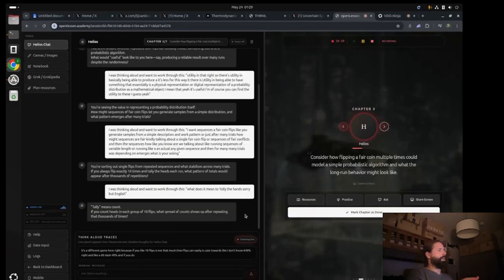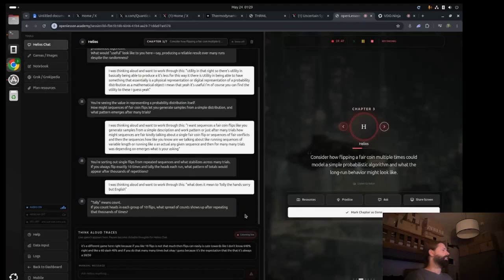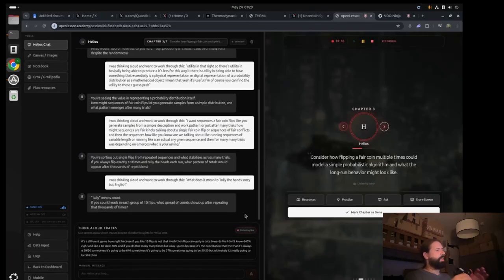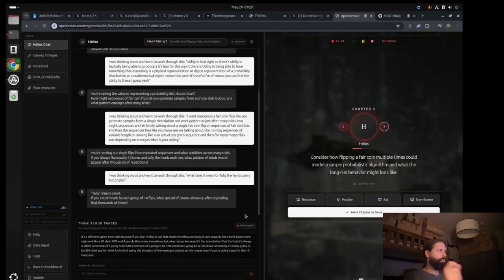If you do that many times, because the expectation is always 50-50, sometimes it's going to be 60-40, sometimes 30-70, sometimes 50-50, but ultimately it's really going to be 50-50. It's going in the direction of the expected value. So even if you're doing it just 10 times, but you do it multiple times, you're going to get that expectation value, which is 50-50.